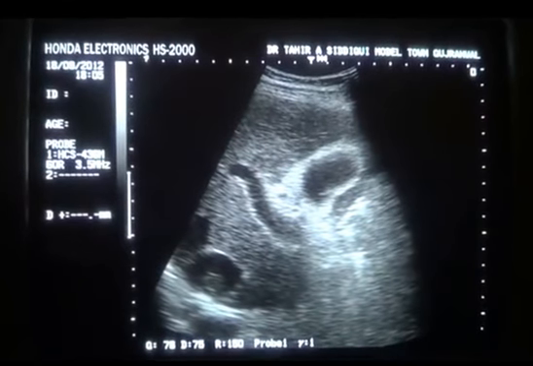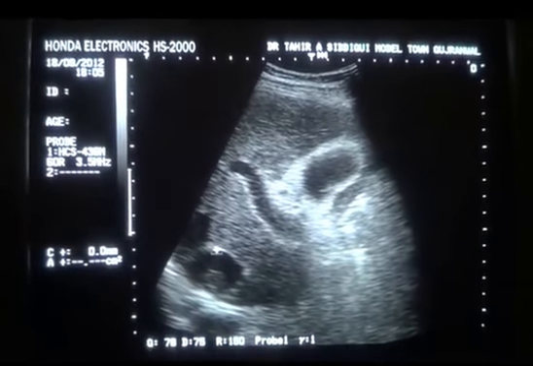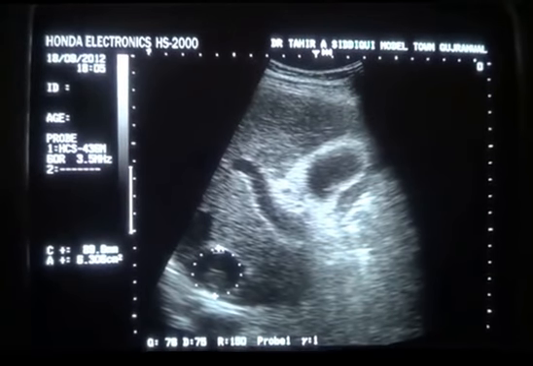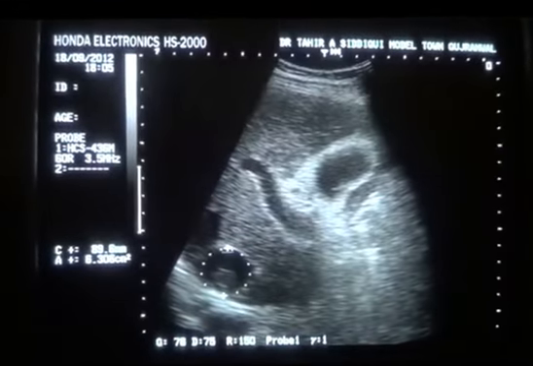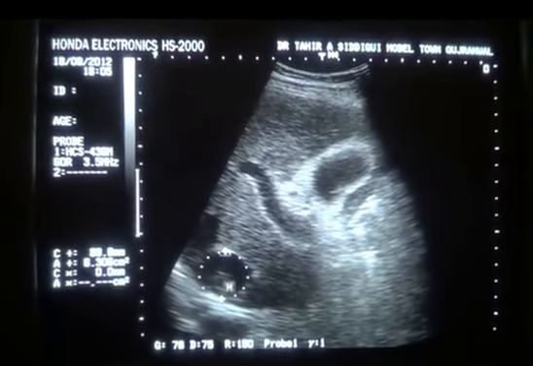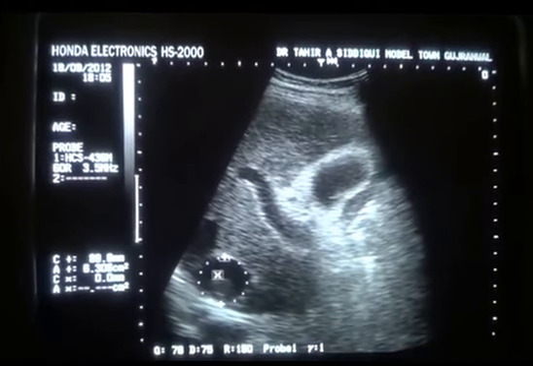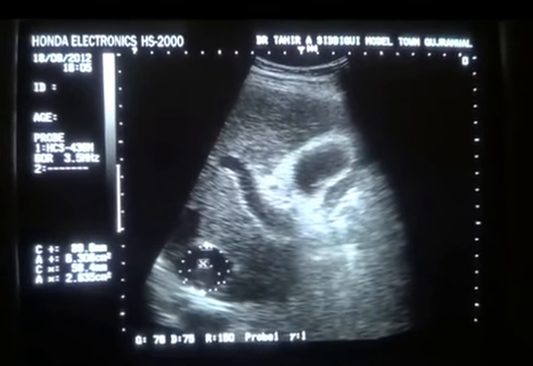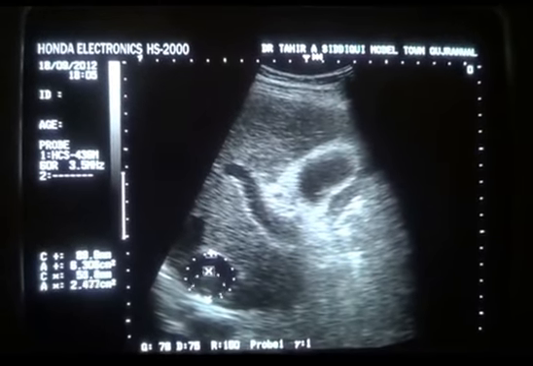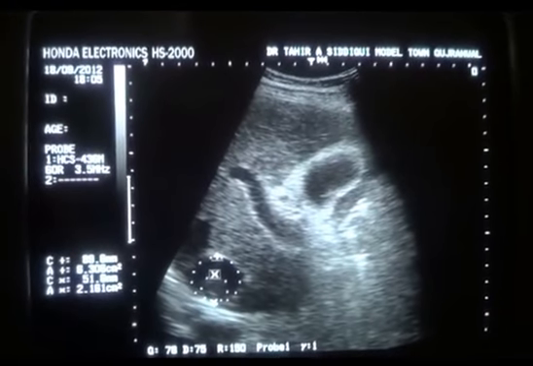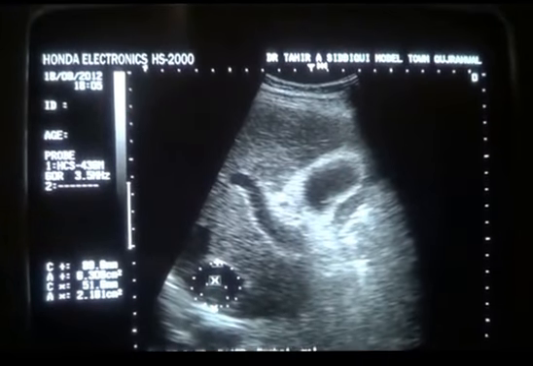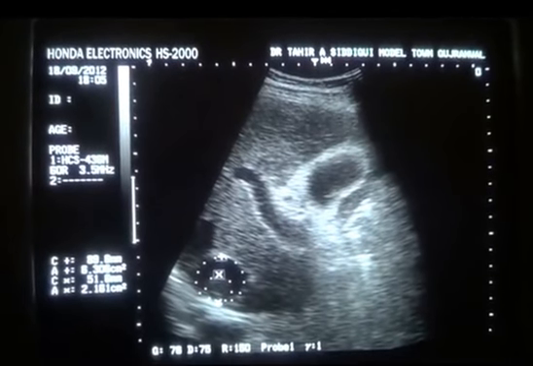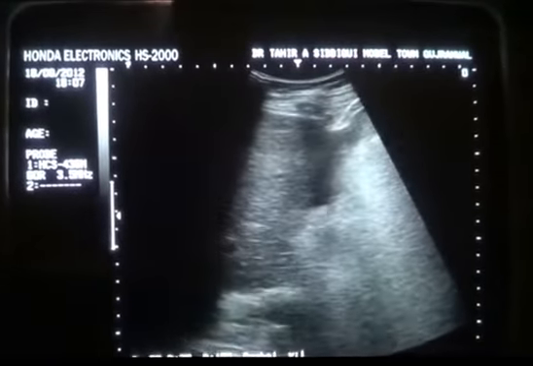Now this is the inferior vena cava in transverse section, and this area is a clot formation within the IVC. This area is evenly echogenic and is suggestive of clot formation in the inferior vena cava in transverse section. This is the transverse section.